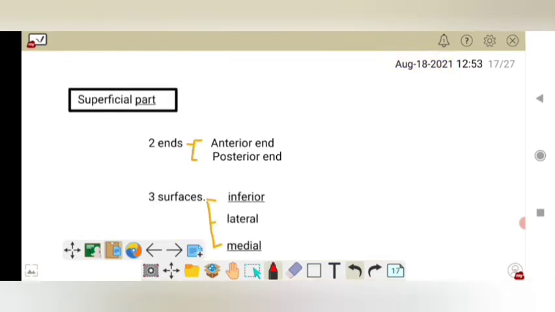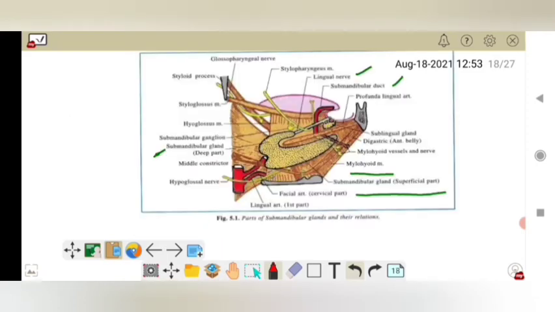The superficial part of the submandibular gland is further divided into two ends, anterior end and posterior end, and three surfaces: inferior, lateral, and medial. In this diagram, this is the J-shaped gland, the mylohyoid muscle, and the anterior and posterior ends of the superficial part.